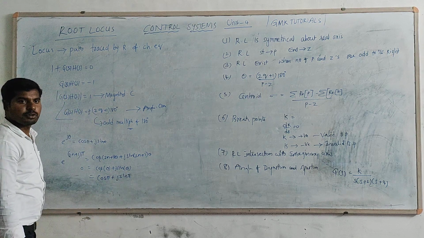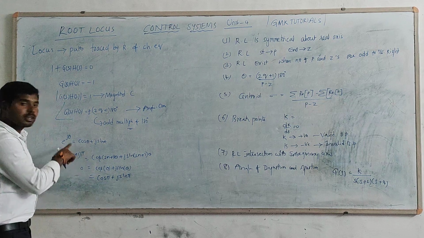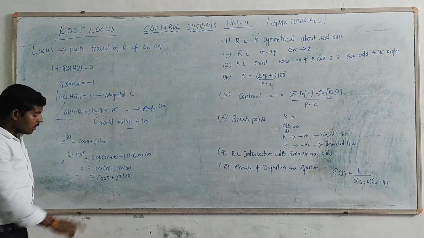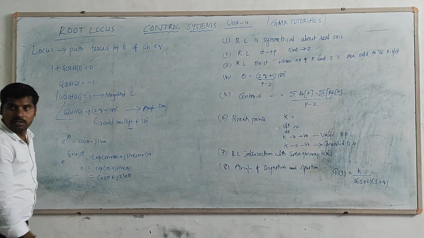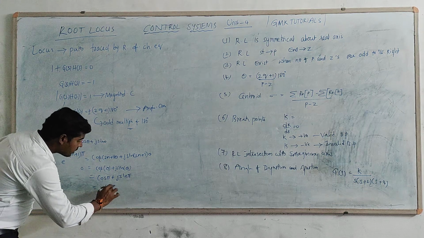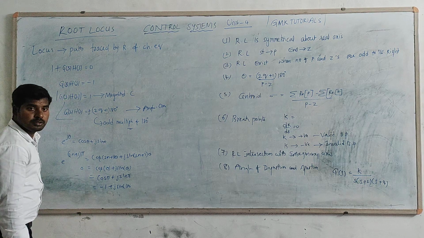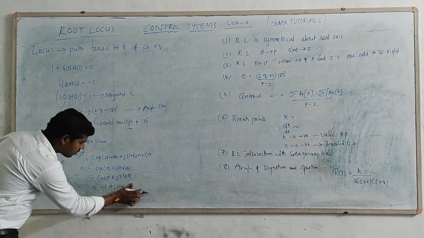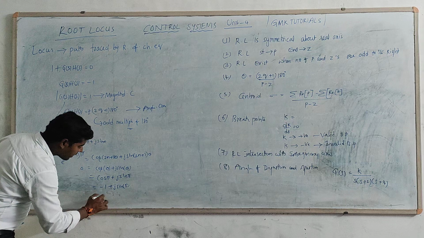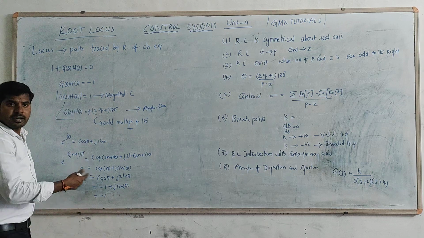Generally we don't know theta, so for convenience theta can be taken as pi. Cos pi is equal to -1, and pi is nothing but 180 degrees, so sin pi is equal to 0. Therefore, you will get -1. So it is valid for any value.